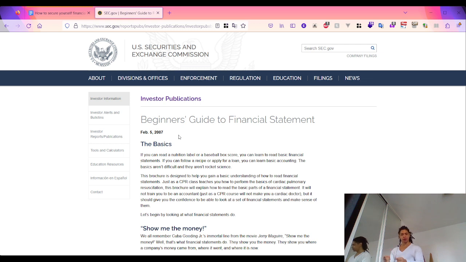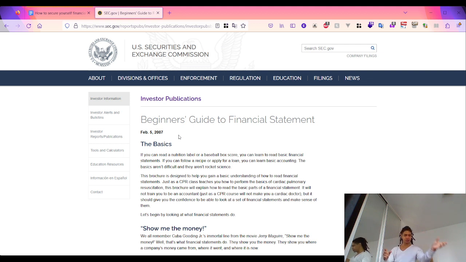Read the basic parts of a financial statement, so much like a CPA class teaches you how to perform cardiopulmonary resuscitation, this section won't train you to be an accountant, much like a CPA class won't train you to be a cardiac doctor, but it can give you some confidence when you're able to see a set of financial statements and make sense of them.